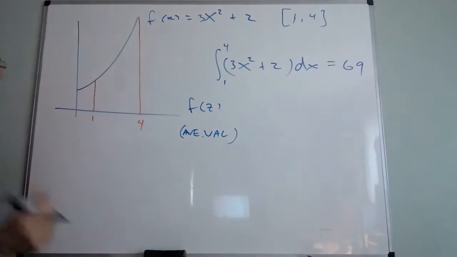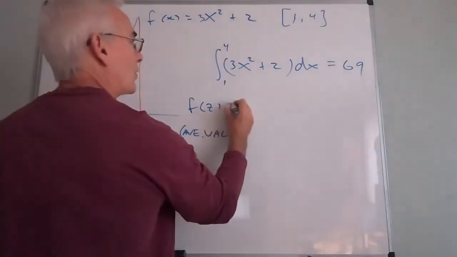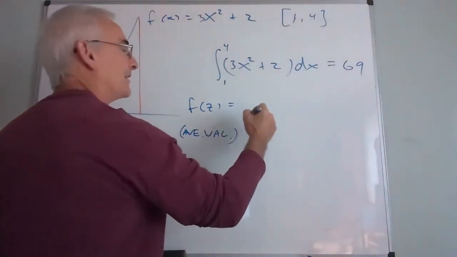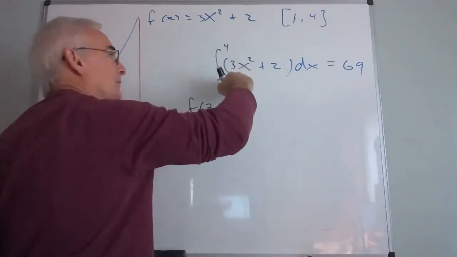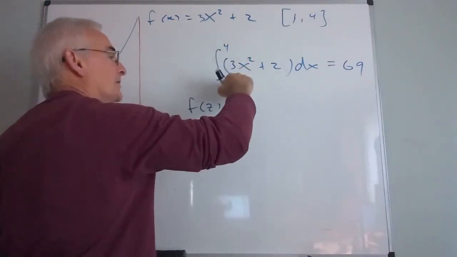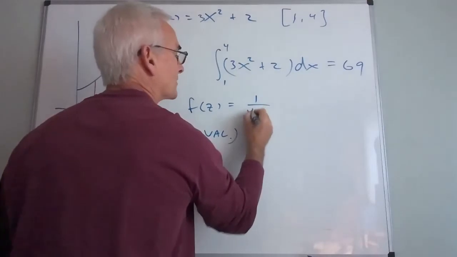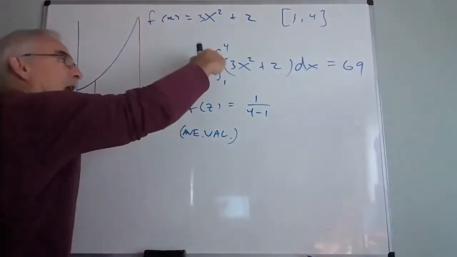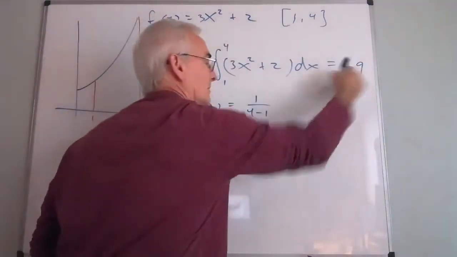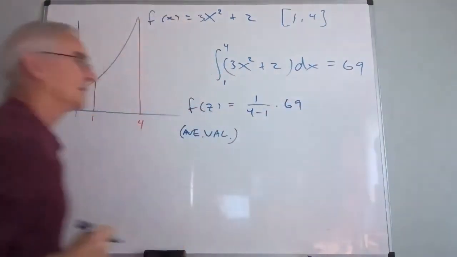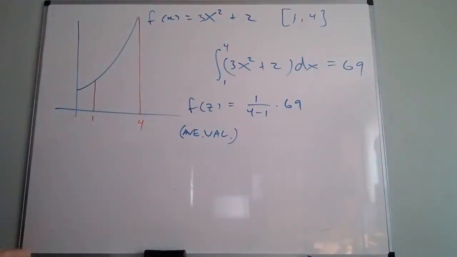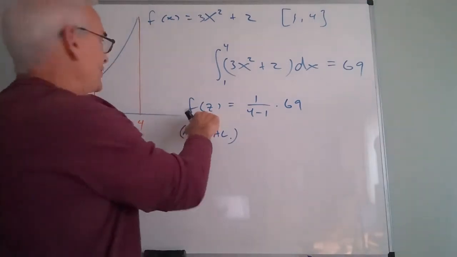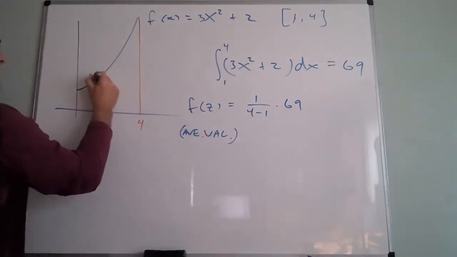Some people just say average value. f of z, what does f of z equal? Well, what's the width of my interval? It's 4 minus 1, so it'd be 1 over 4 minus 1 times the integral, which is 69.